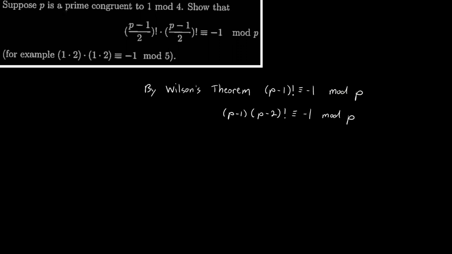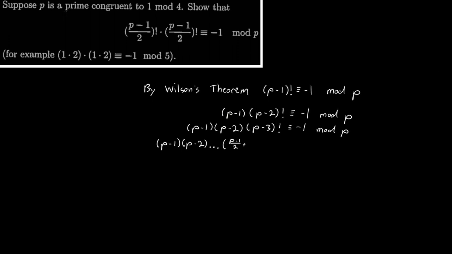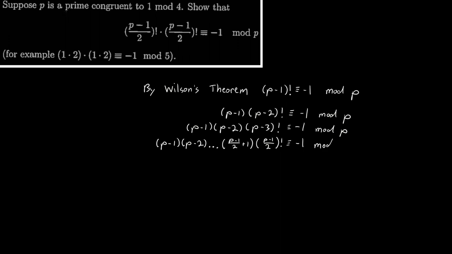So we'll have (p-1) times (p-2)!, and then (p-1) times (p-2) times (p-3)!, and we can basically do this until we get to the halfway point. So we'll end up at (p-1)/2 + 1, which is right above the halfway point, and (p-1)/2 is right below the halfway point.